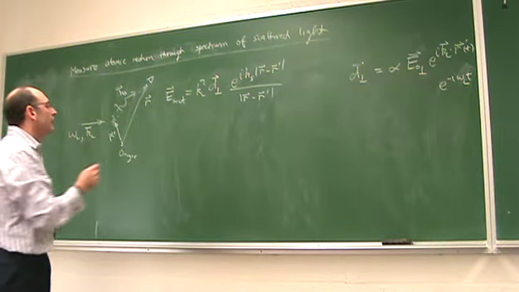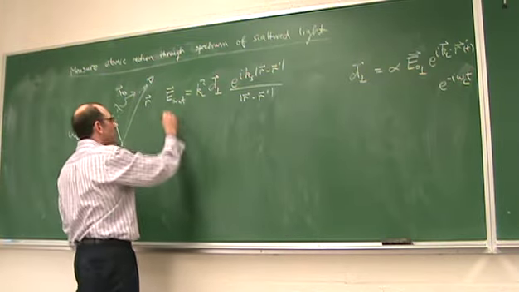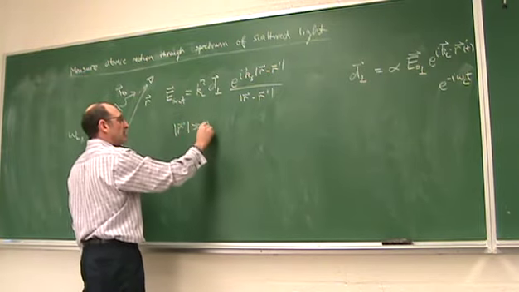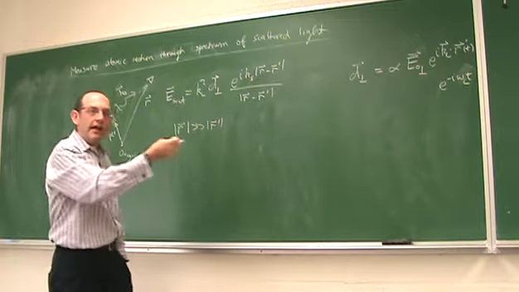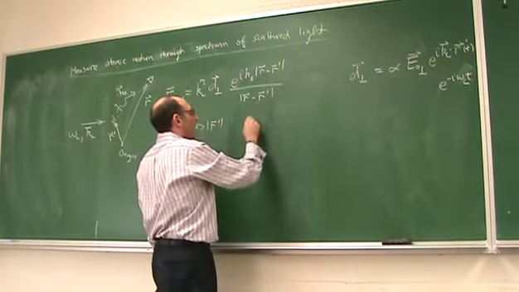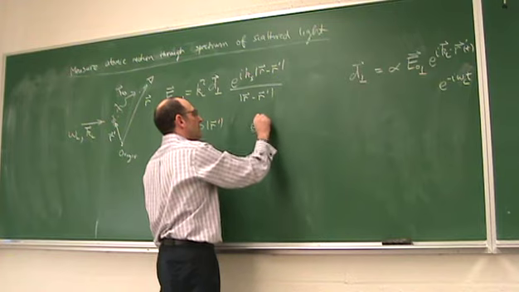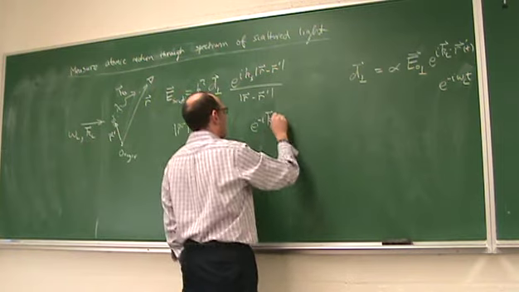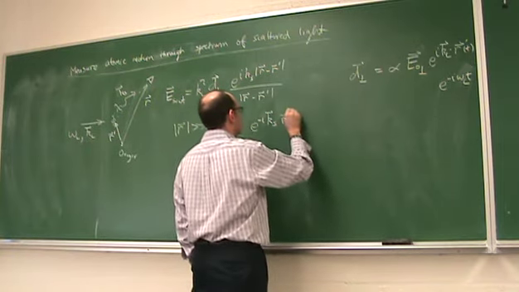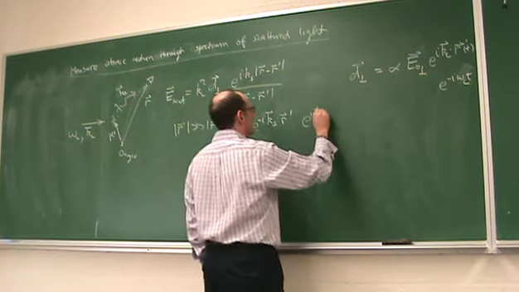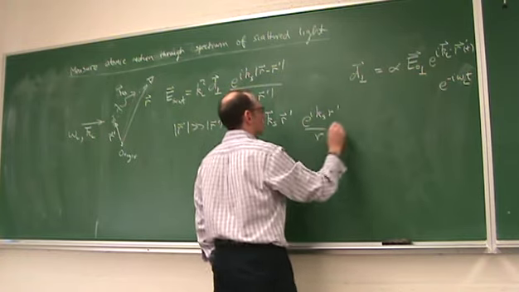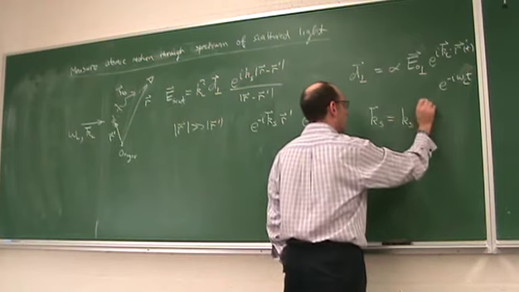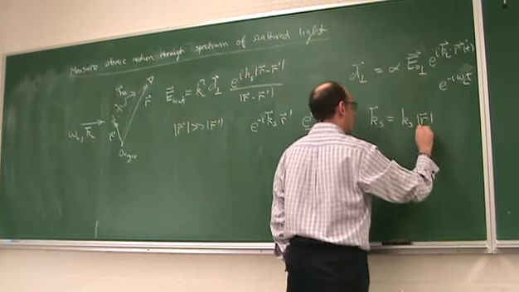Okay, so now if we go into the far field, if the position of the observation is very far away, then this spherical wave is phase shifted by ks in the direction of the observer.